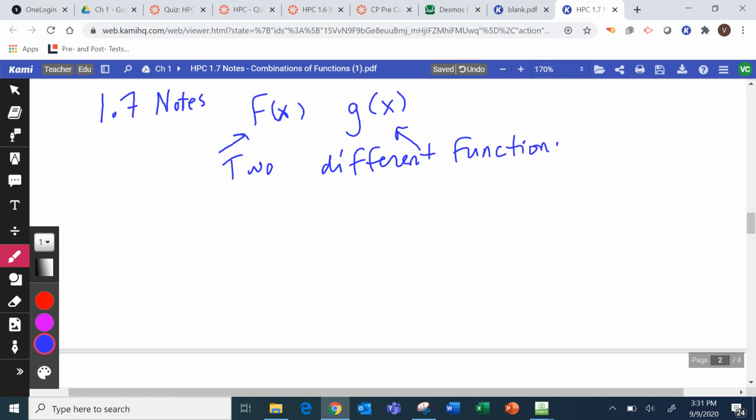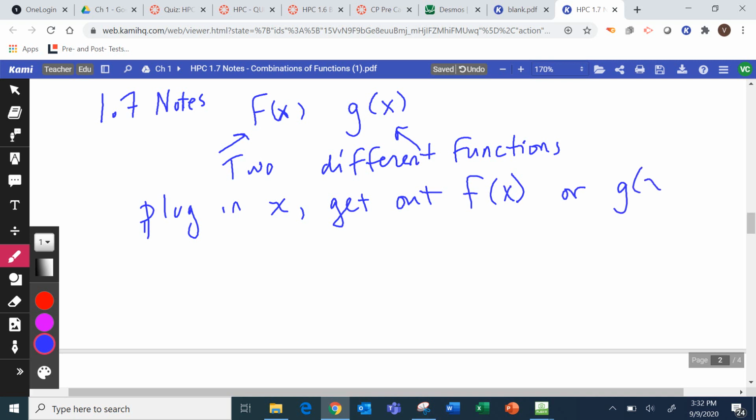Okay, those are two different functions. If I plug in x, I get out f of x. If I plug it in the other equation, I would get out g of x.